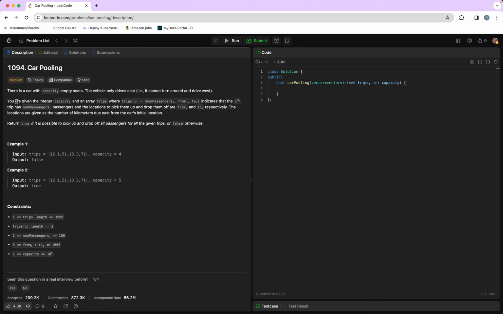Now we are being given a list of trips where each array in the trips denotes the number of passengers and the distance for which the passenger is traveling, by using two integers, that is from I and to I, right? And we are supposed to find whether the car would be able to accommodate all the passengers in their respective journeys or not, right?